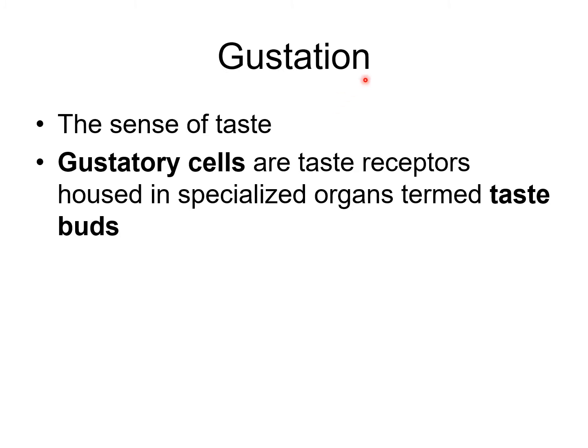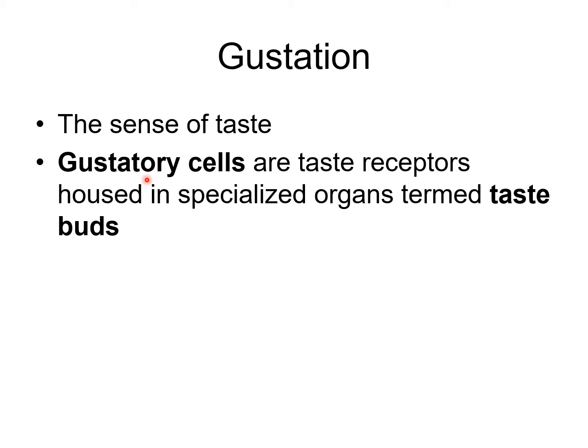Our sense of taste is known as gustation, and the sensory organs that help us taste are known as our taste buds. Those taste buds have cells within them known as gustatory cells, and those are our taste receptors.